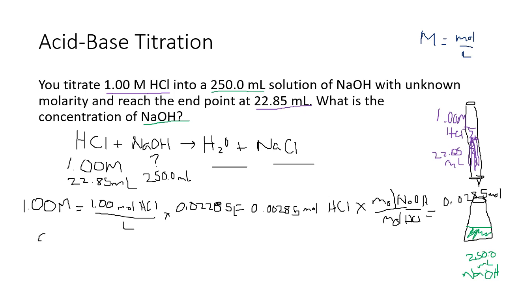So we take our 0.0285 moles of NaOH, and we put it over our volume of NaOH in liters. So that's going to be 0.250 liters.